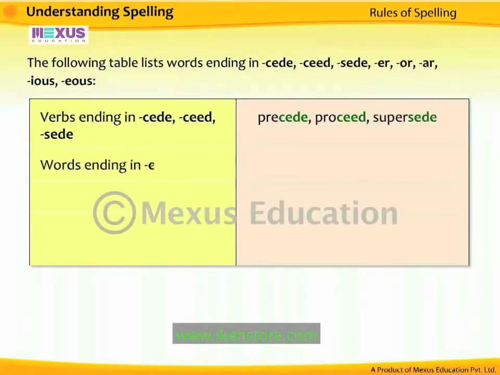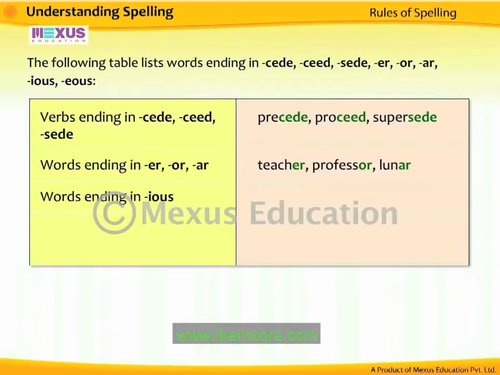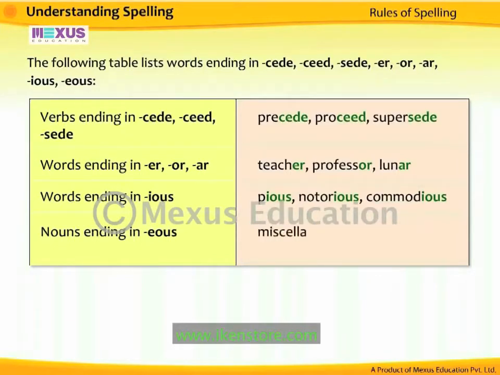Words ending in ER, OR, AR are teacher, professor, lunar. Words ending in IOUS are pious, notorious, commodious. Nouns ending in EOUS are miscellaneous, instantaneous, homogeneous.